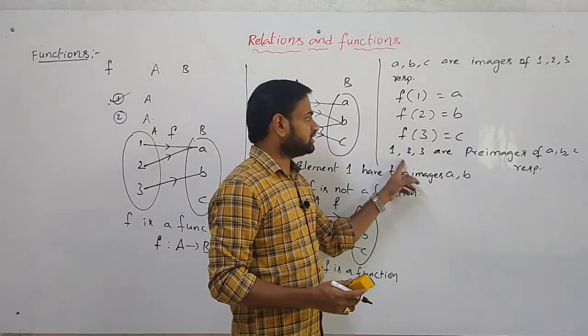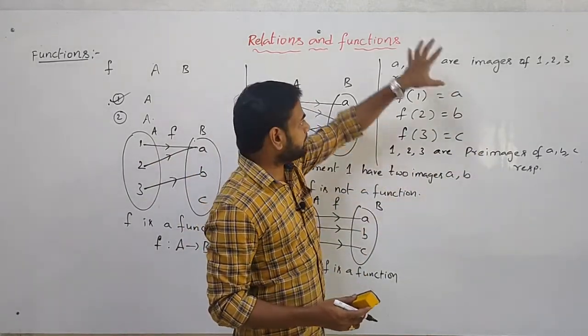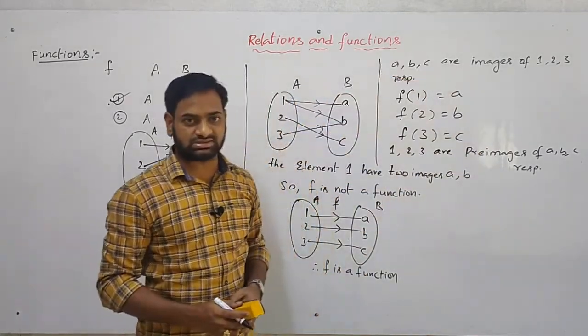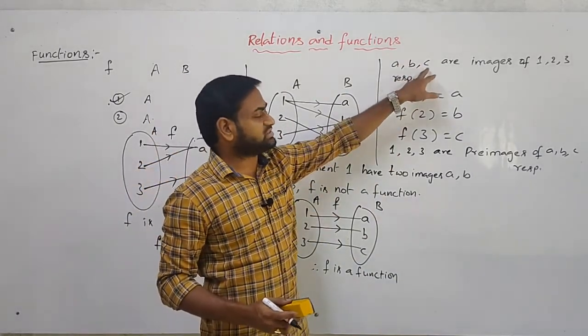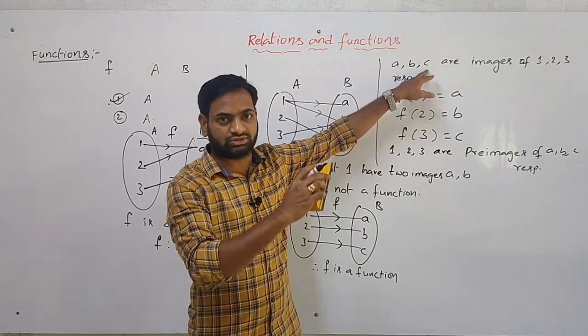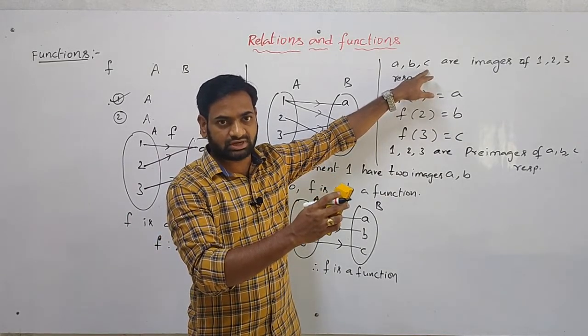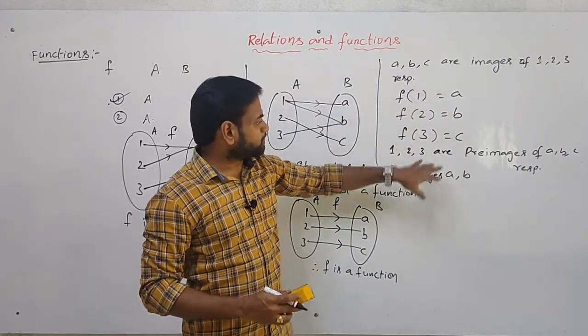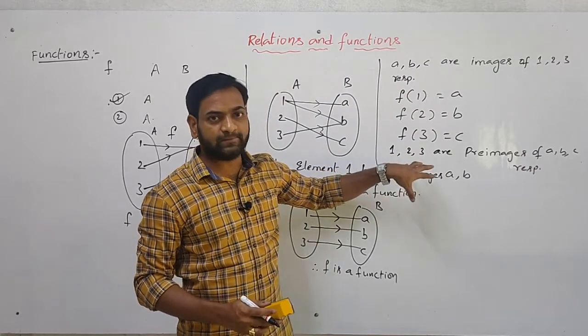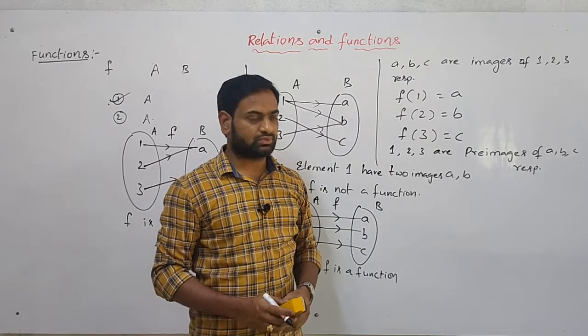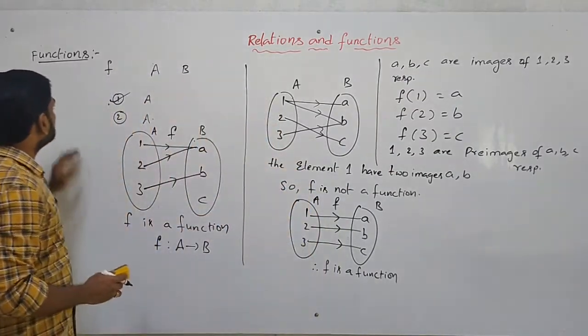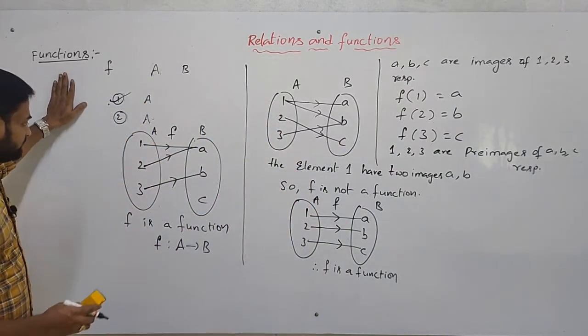Remember, don't get confused: A, B, C are called images of 1, 2, 3 respectively, and 1, 2, 3 are called pre-images of A, B, C. So that is the function's definition.